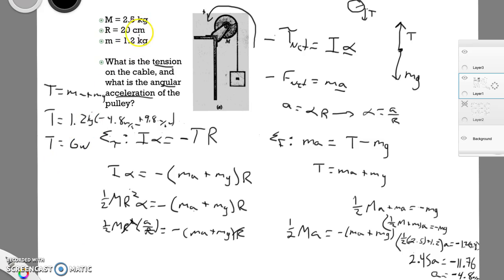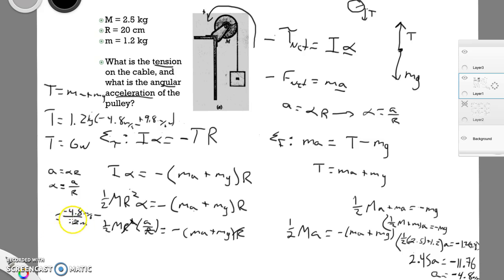Okay, and then to find the angular acceleration, we'll go back to here. a equals alpha r, or alpha equals a over r. We know that a is negative 4.8. r is equal to 0.2 meters.